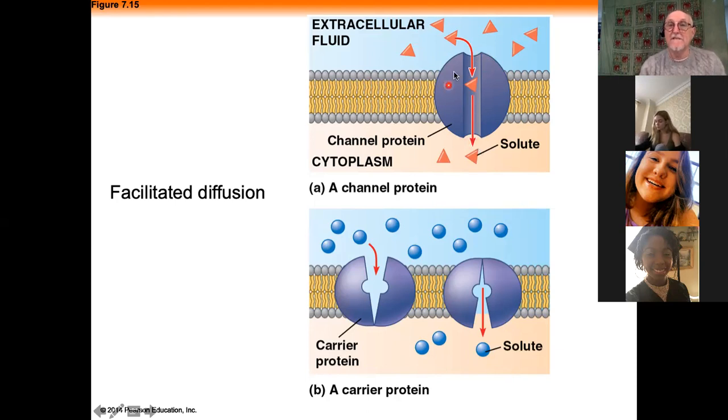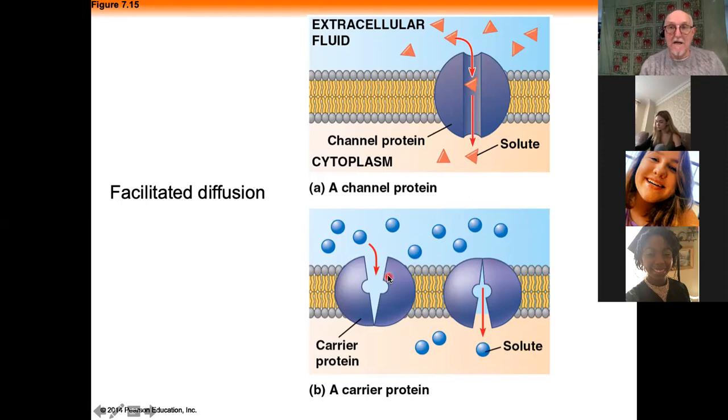This is called a channel protein. I mentioned it already. Channel proteins are very selective in what they allow across. They often allow only one particular ion, one particular molecule to go across. And the movement is in the direction of the concentration gradient. No extra energy has to be put in. All you have to do is open this channel and the diffusion will take place.